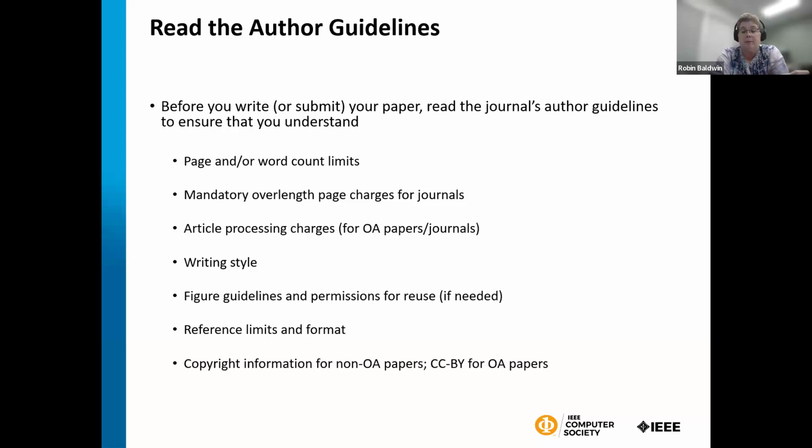In order to get published, this would be upon acceptance, of course. If you are publishing as an open access paper, there's information about article processing charges, information about writing style, as well as guidelines for figures and permissions if you need to get permission to reuse a figure that somebody else created. There's also reference limits and formats and copyright information as well.